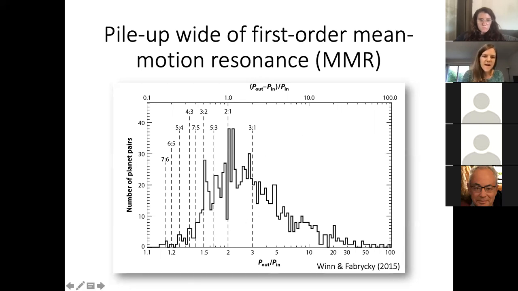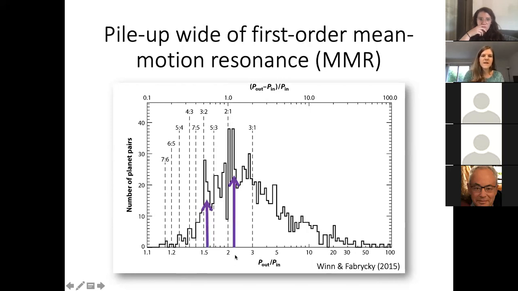The x-axis is the ratio of the outer planet to the inner planet for pairs of planets within the same multiple planet system. A feature that has been noticed as significant in this distribution for some time is that there's a bit of an overabundance just wide of the 3:2 and 2:1 period ratios.